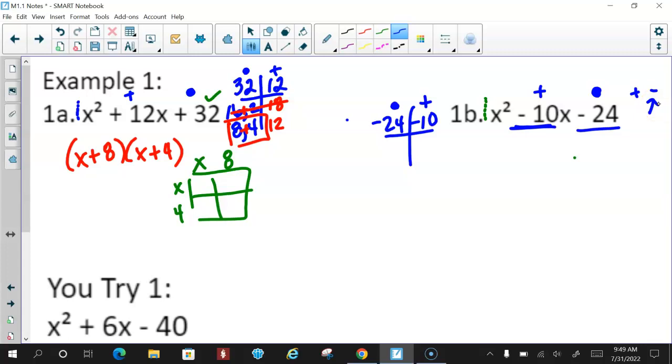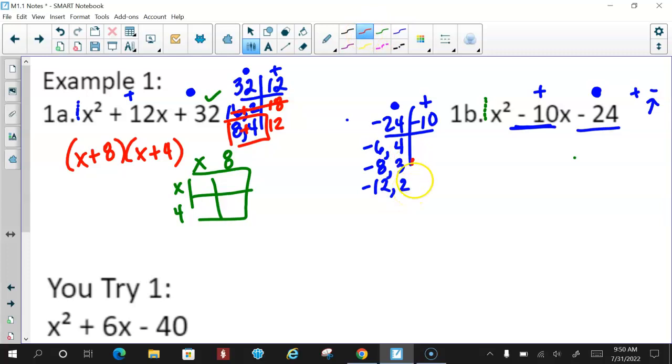So let's see. So 24, right? So negative 24. So we could have negative 6 and positive 4, right? Because remember, we need the larger to be negative. Let's see. Negative 8, positive 3, right? Again, we need that larger. I know it's even, so negative 12, positive 2, right?